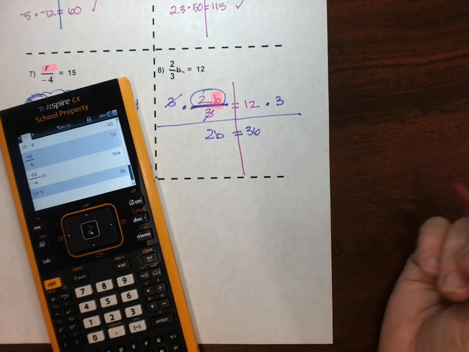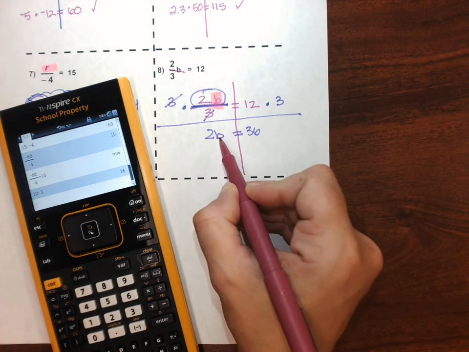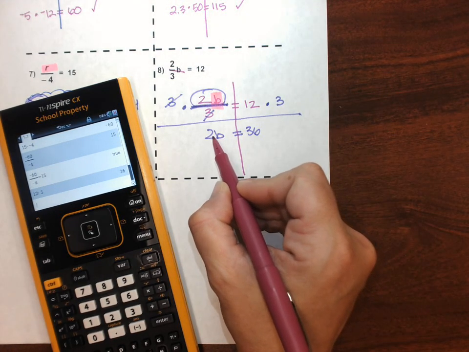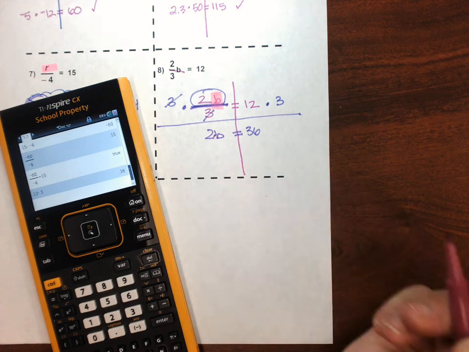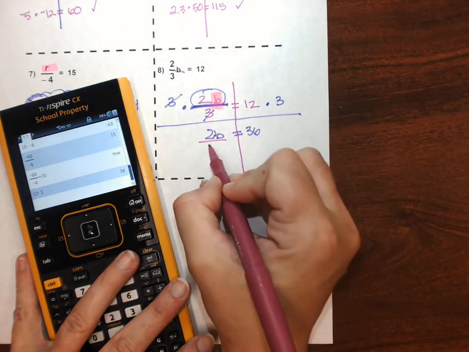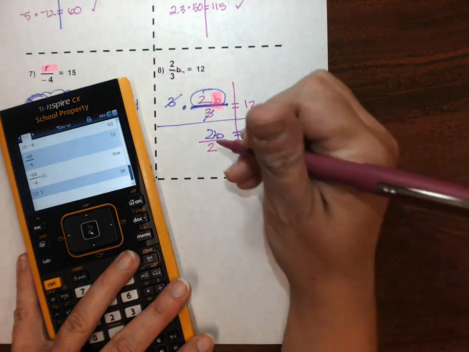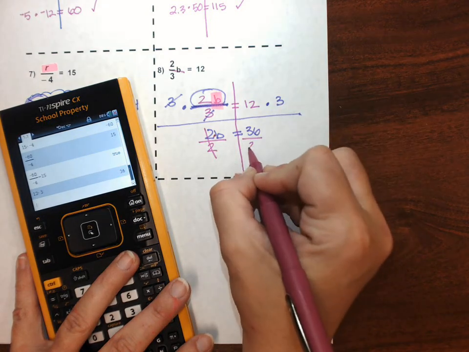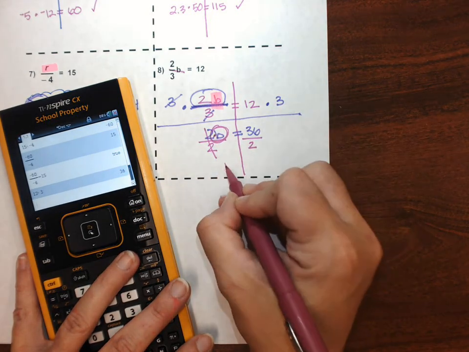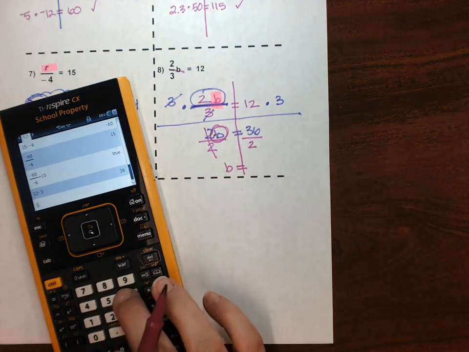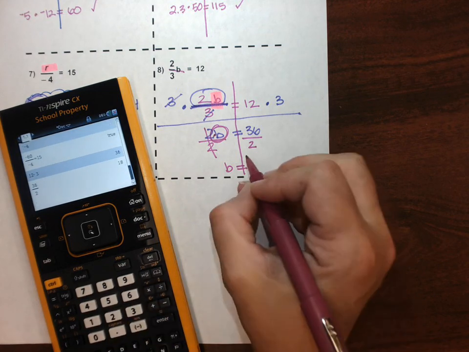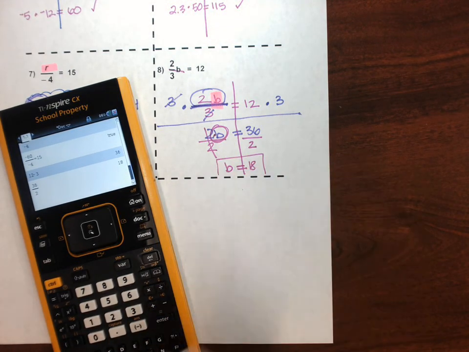Now I'm going to ask you, hey, so what's the goal to isolate the variable? What's the inverse of multiplying by 2? That would be to divide by 2. So b equals, and 36 divided by 2 is 18.